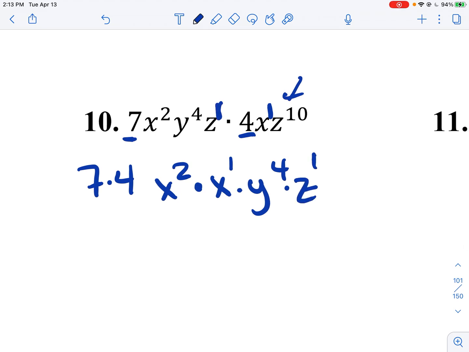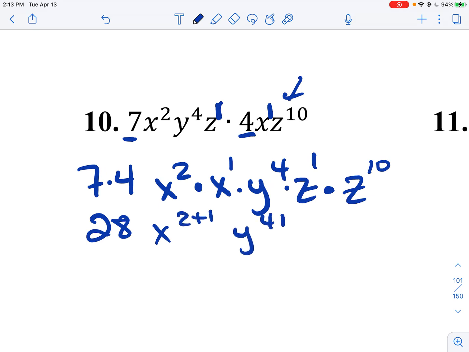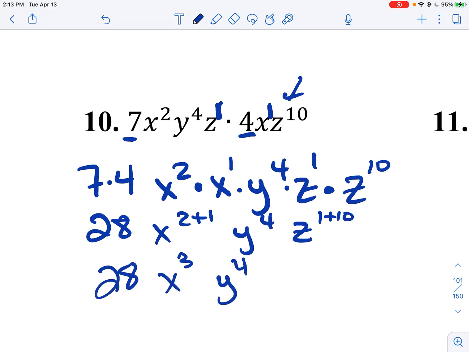There's a z to the 1st. I need to write that down, and a z to the 10th. So this would get me 28x, 2 plus 1, 4. Plus, nope, no 4 plus anything. It's just 4, and a z, 1 plus 10. The 28. X to the 3rd, y to the 4th, z to the 11th.